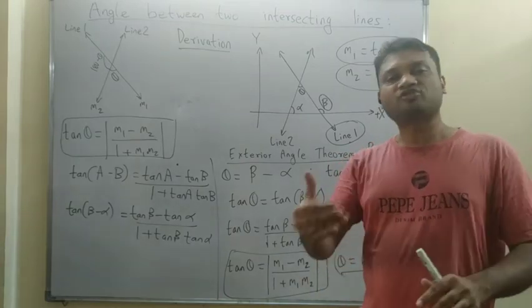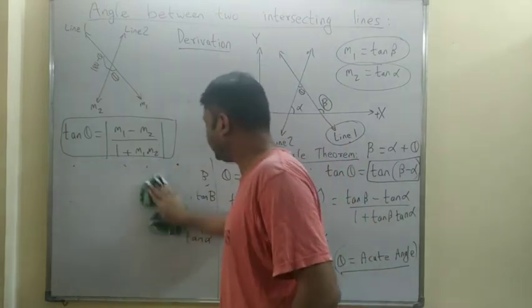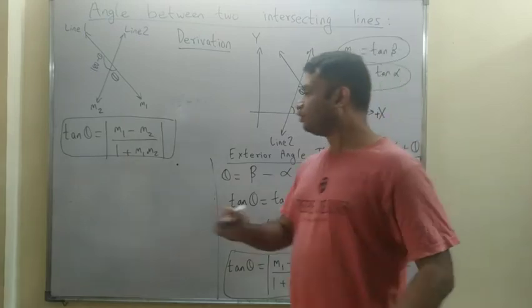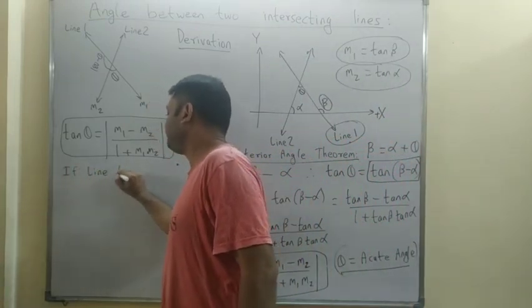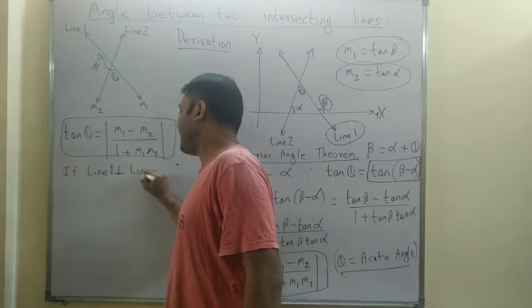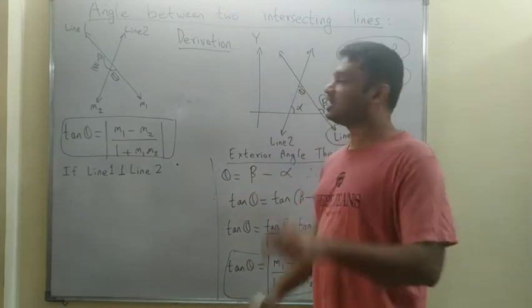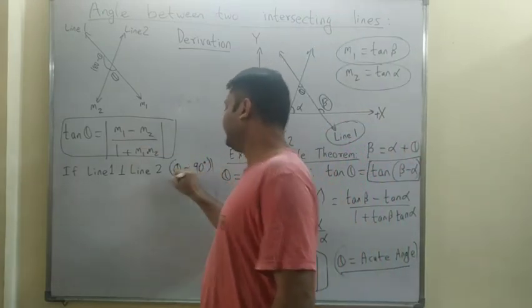Now let us see some special cases. The first special case is if the two lines are perpendicular. Suppose line 1 is perpendicular to line 2. In that case, the angle between the two lines, theta, will come out to be 90 degrees.